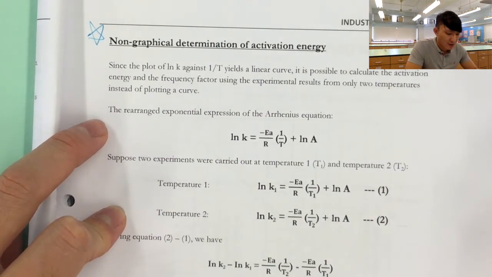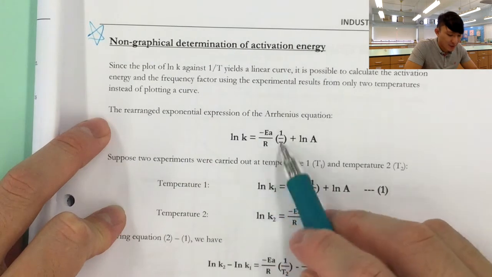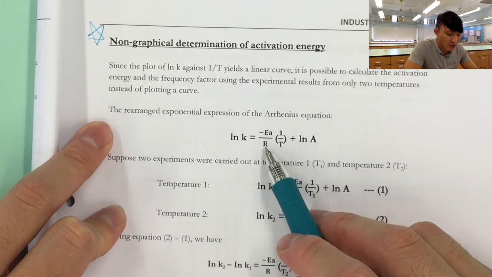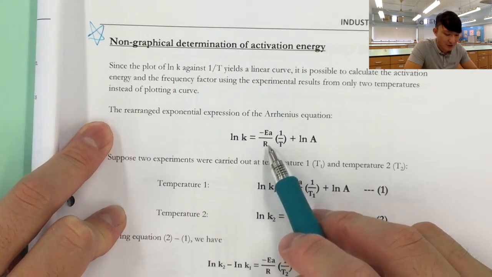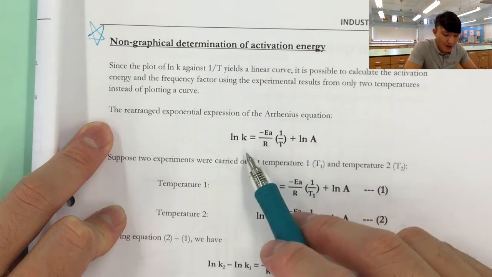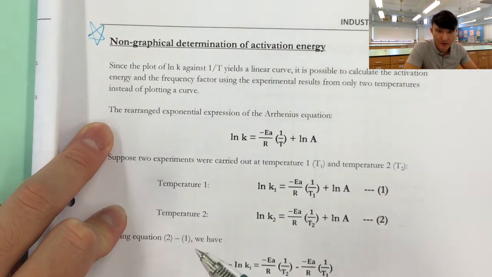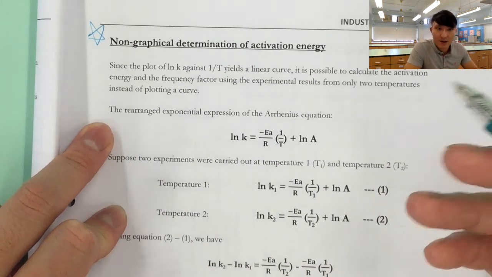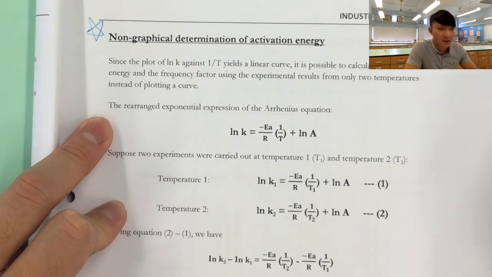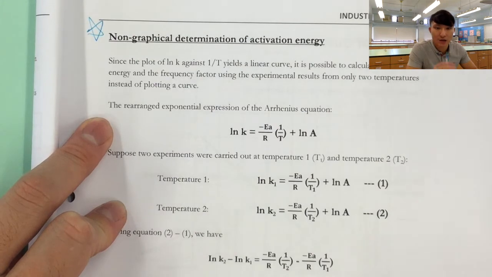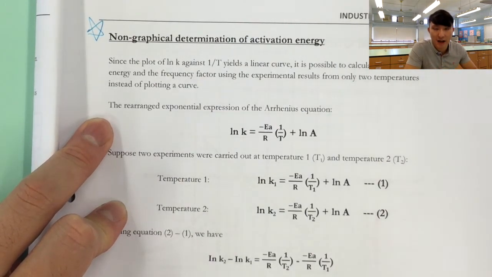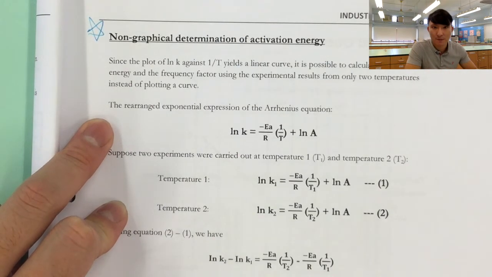Now, you notice that this one is the rearranged exponential expression of Arrhenius equation, y equals mx plus c. Now, using a graphical method, you're looking for the slope, isn't it? But you notice that a slope is essentially made by 2 points only. So if we have 2 data points on a graph, then we can determine the slope.